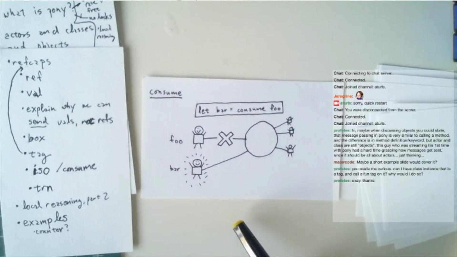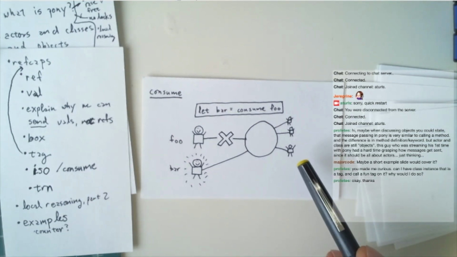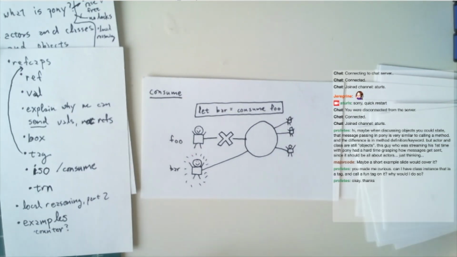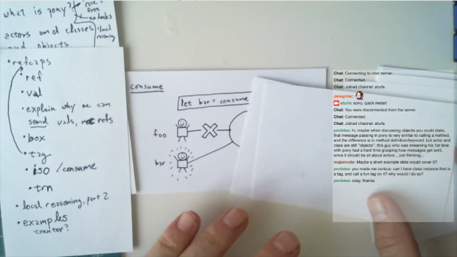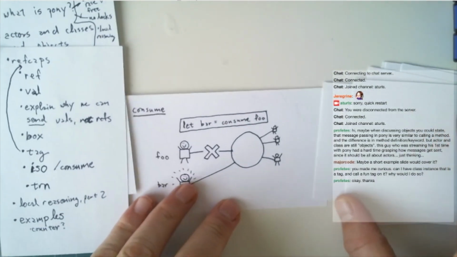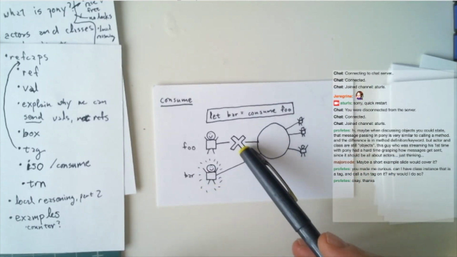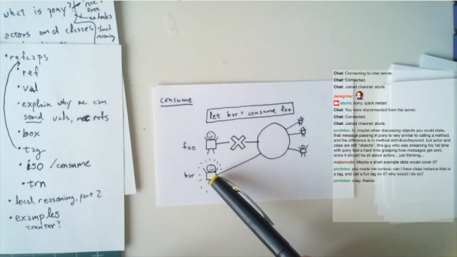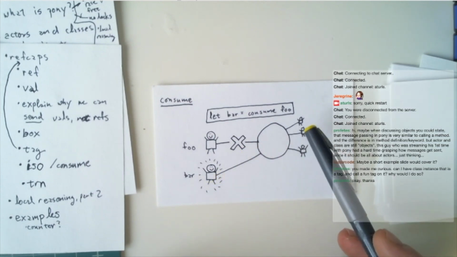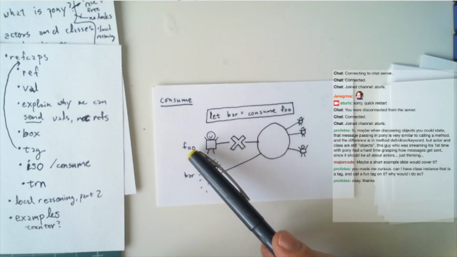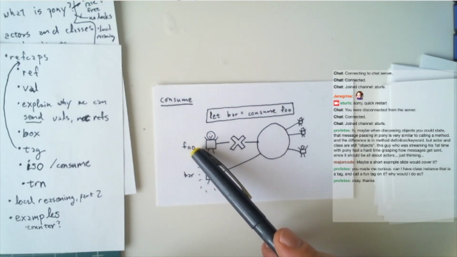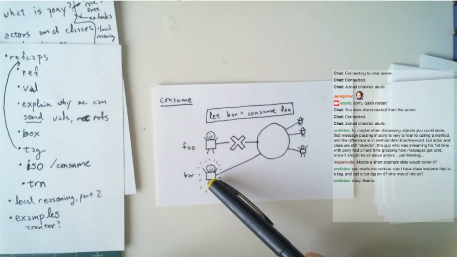So before, if we had this object foo, and we consumed foo and assigned it to bar, what could we do, knowing something about foo, to then know something about bar?